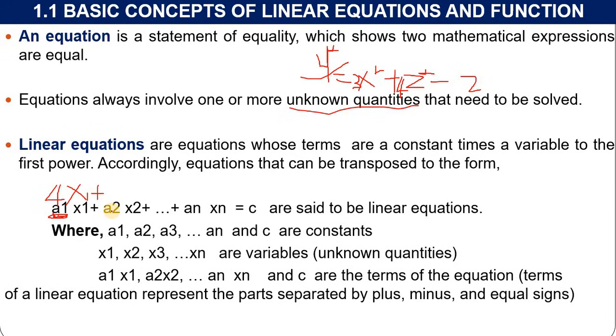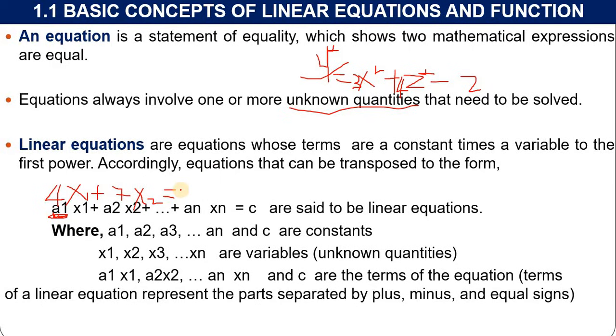Then a2 times x2, where a2 is another constant, for example 7, so we may have 7x2. Here 7 is a constant and x2 is another variable, different from x1. This may continue in this way.